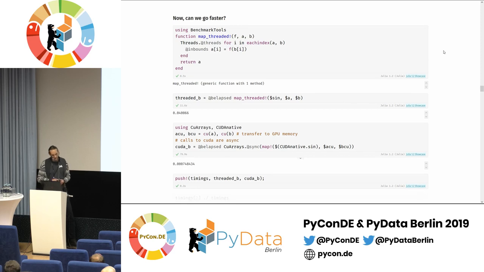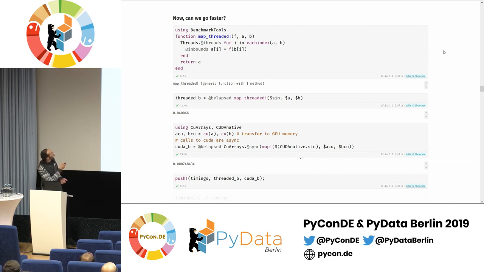Now, can we go faster than this? And the answer is yes. Julia has pretty nice threading integration. This add threads macro existed for quite a bit of time, and with Julia 1.3, which got released a few months ago, this threading infrastructure is way better nowadays, but also a bit more complicated, so I'm not going to talk about it today.